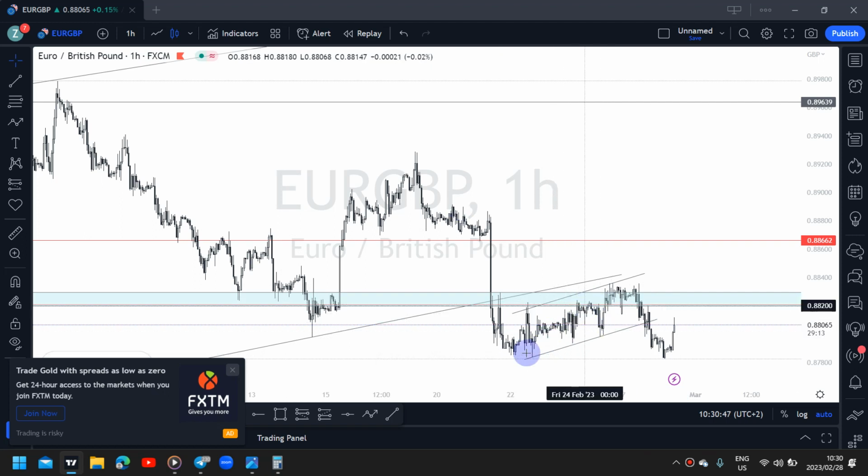So it broke out, gave me this continuation pattern, and basically there's a chance that the market might continue to the downside.